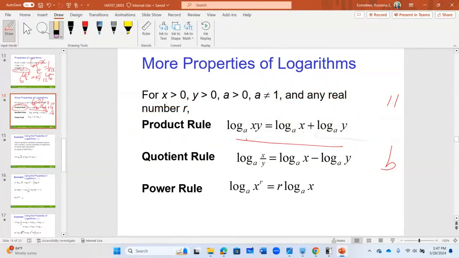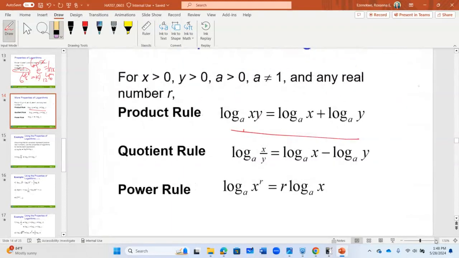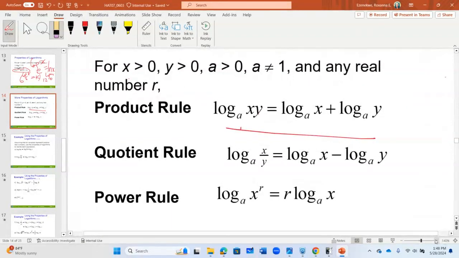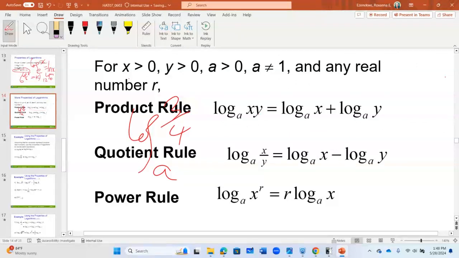The next one is the quotient rule, which we call rule number 5. Suppose I have log of 3 divided by 4 to base A. Let's not worry about the base now; we just assume that A cannot be equal to 1.